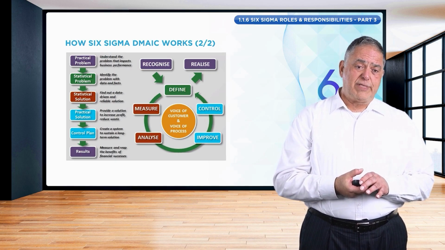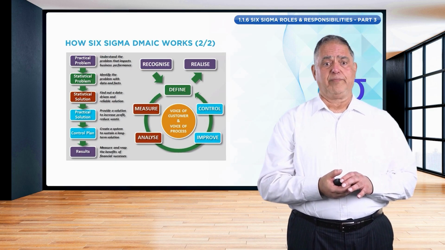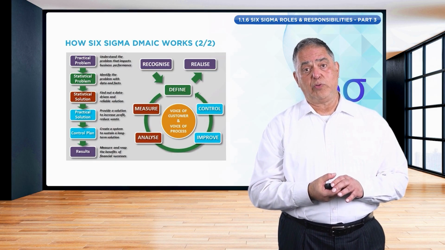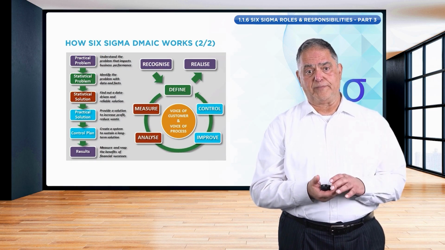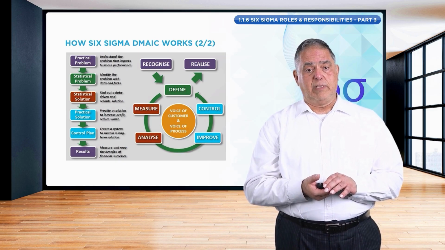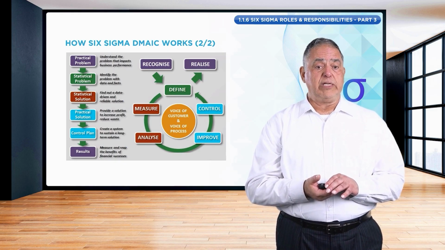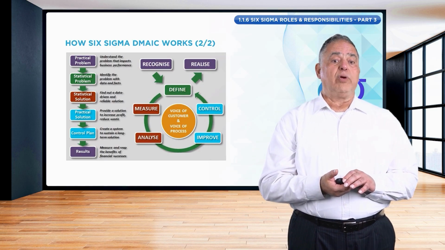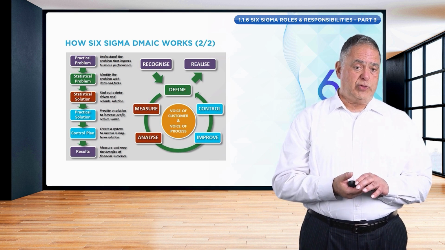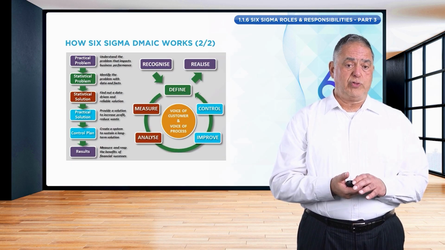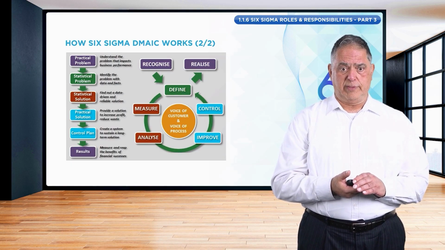On the left side of this figure, we see the transformation as the project goes through its stages. So we start with a practical problem, we convert it into a statistical problem, we find a statistical solution, and we convert the statistical solution into a practical solution.